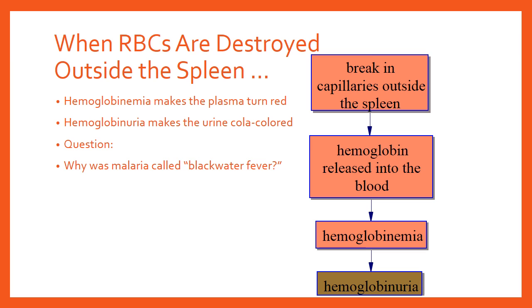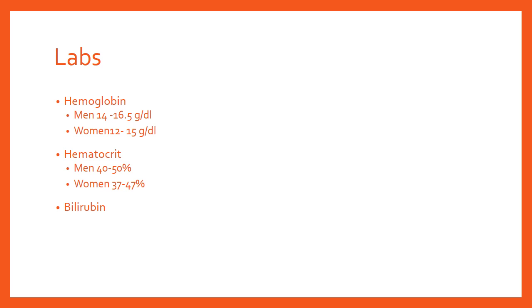Your laboratory workup will reveal the values as follows for men and women. Men have a higher content of hemoglobin than women, and again, every facility may have a slightly different scale for labs, but usually they will follow these numbers fairly closely.